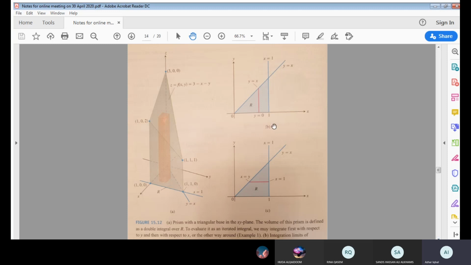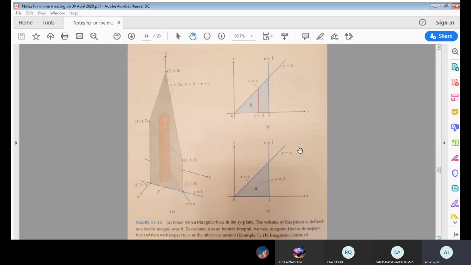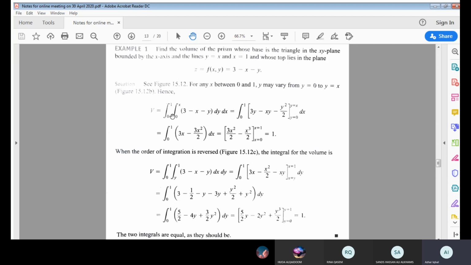As you can see here, y is changing from 0 to x. So in the first case, the integral is with y changing from y equals 0 to y equals x. These are the two limits, 0 to x. So you integrate this expression from 0 to x, and then integrate with respect to x from 0 to 1. This is exactly what happens.